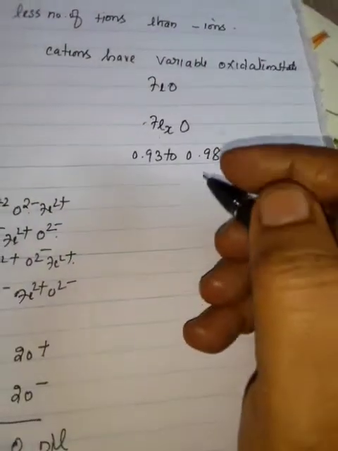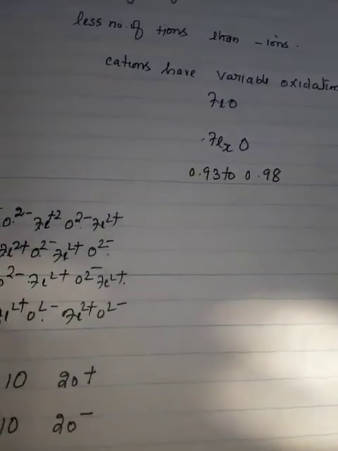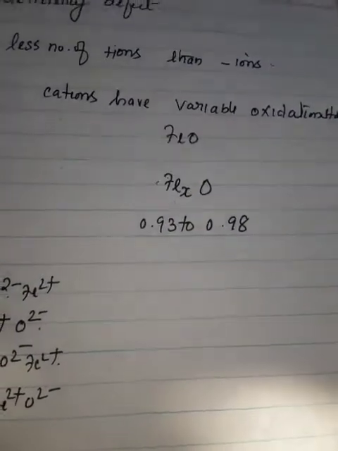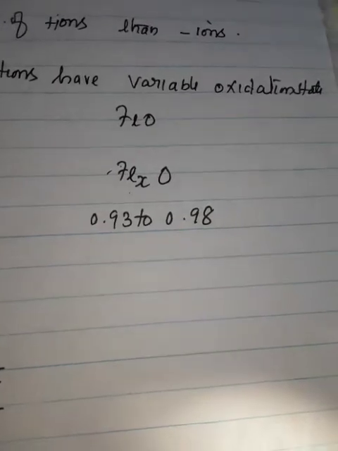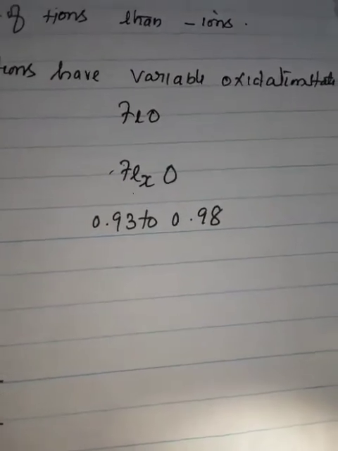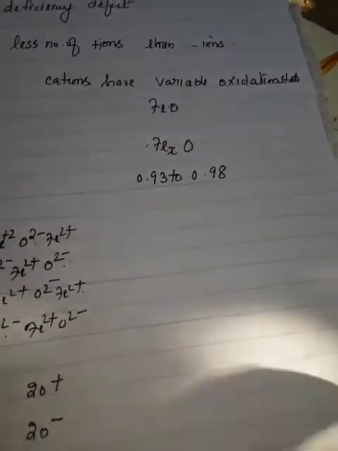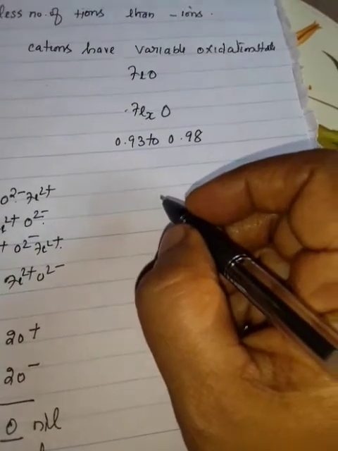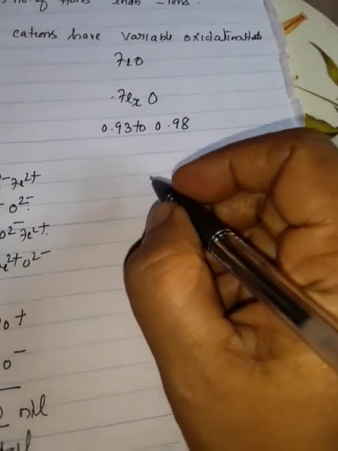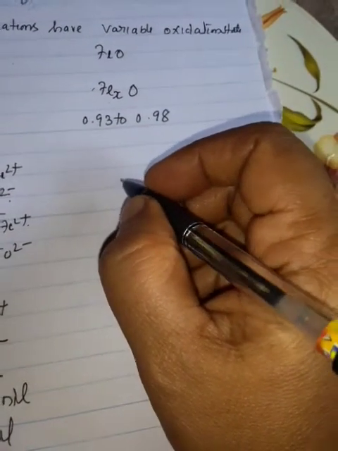Suppose in the defect, one of the Fe2+ ions is missing. So what happens now?